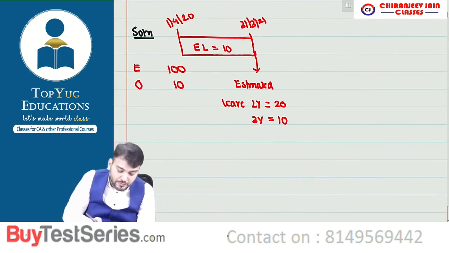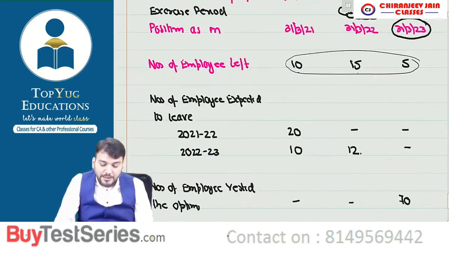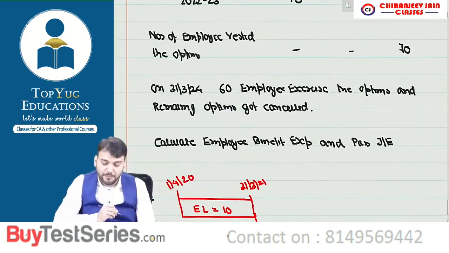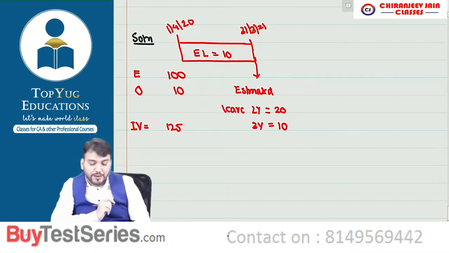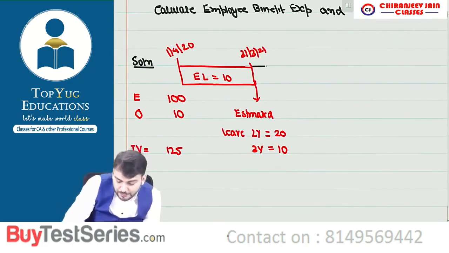Correct? Understood this point? And what is the intrinsic value of option? इंट्रिंसिक वैल्यू ऑफ ऑप्शन कितना निकाला, 125. इंट्रिंसिक वैल्यू ऑफ ऑप्शन कितना था 125, करेक्ट अंडरस्टूड ये बात. मींस वैल्यू ऑफ ऑप्शन इज व्हाट 125, करेक्ट अंडरस्टूड. नाउ जस्ट ट्राई टू अंडरस्टैंड मेरी बात को.